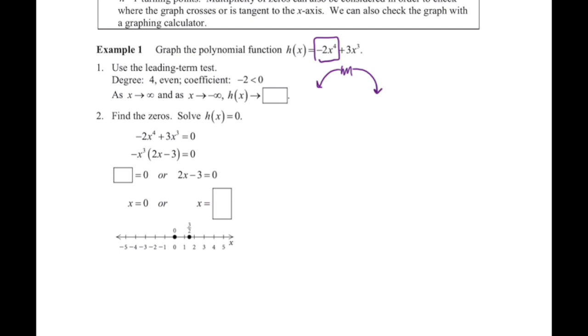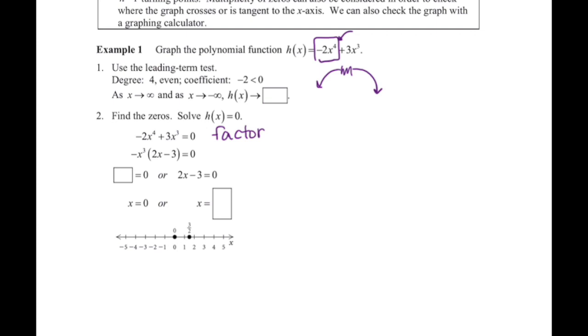Also, we're going to have at most 4 real zeros because our power is 4. Now I can solve, and in this case I'm going to factor because I only have 2 terms, and those terms have a common factor of negative x cubed.